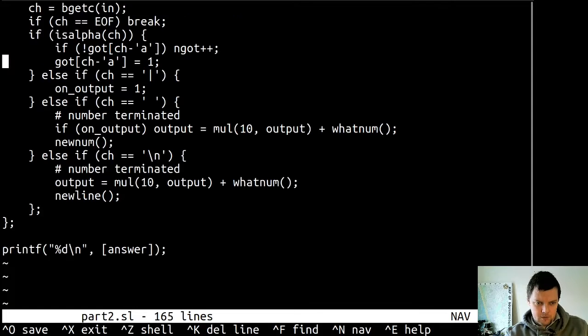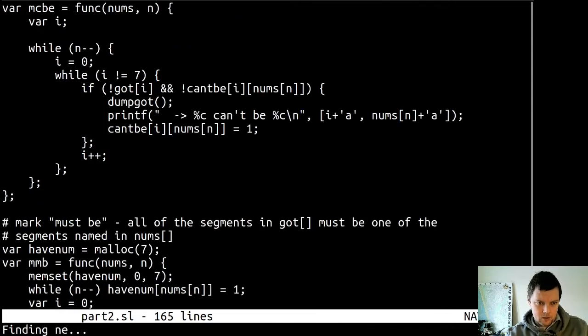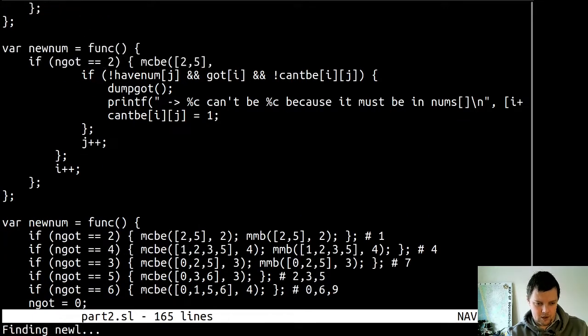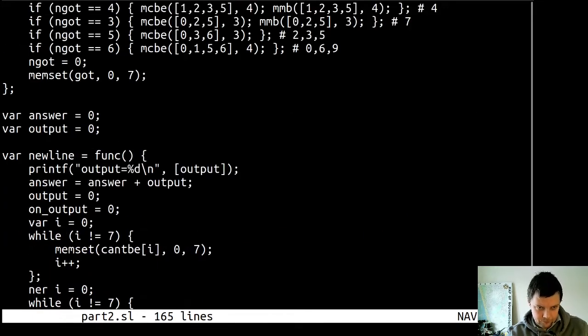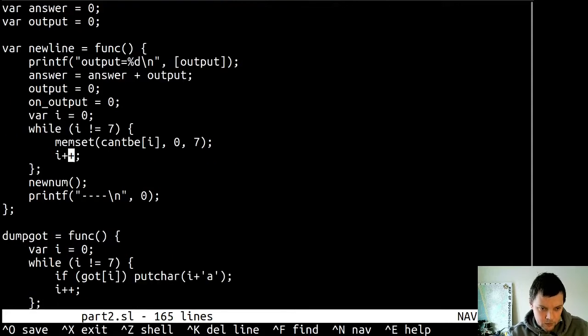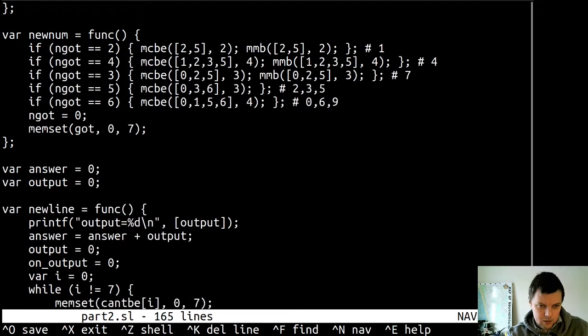What do we do at the end of a line? Ugh. My search and replace is so slow it's almost not worth using. Well, no replace, just search. We reset can't be. Do we reset got? We reset got in this one. What other state is there?